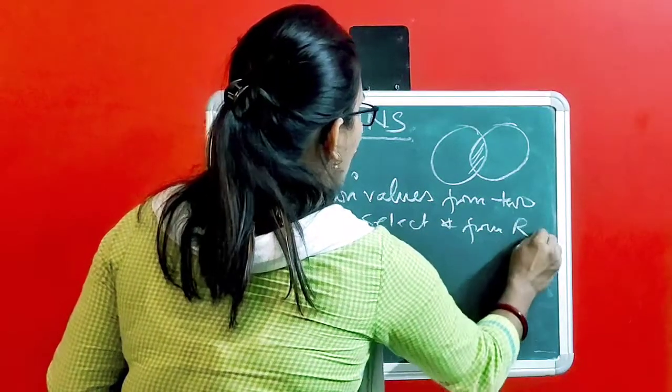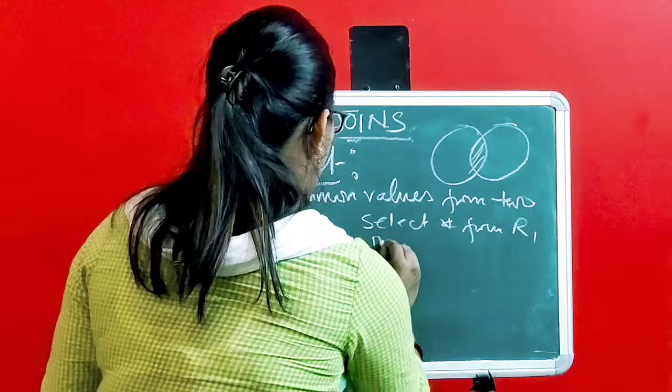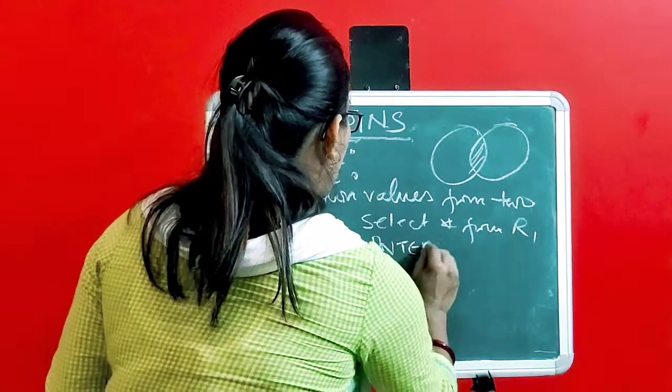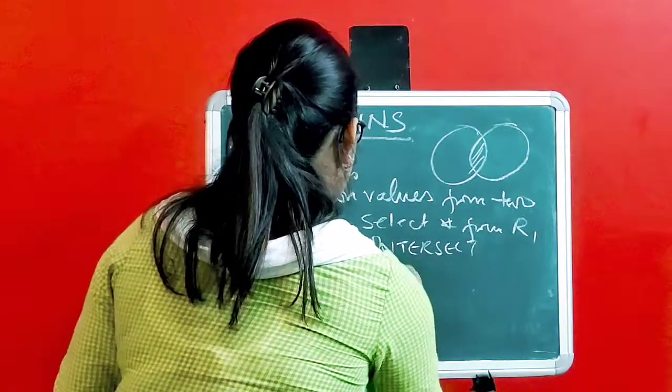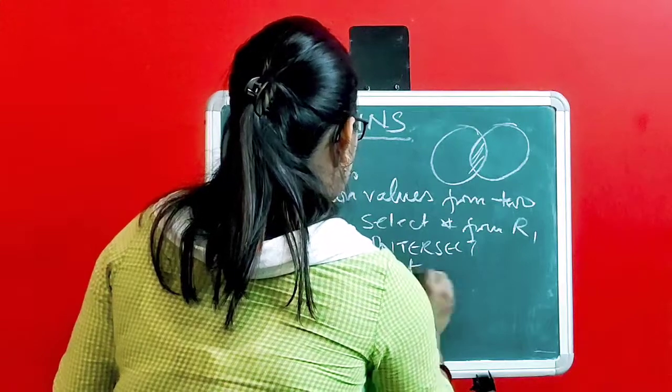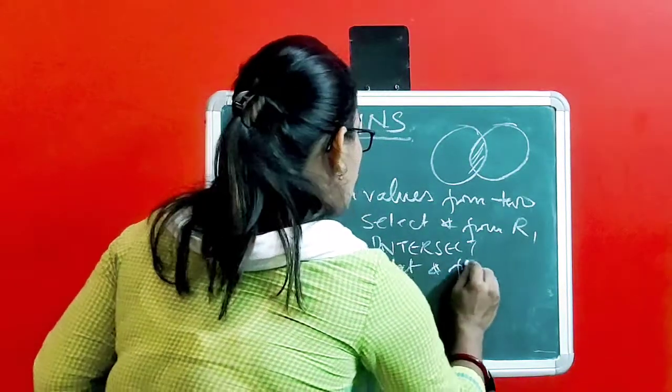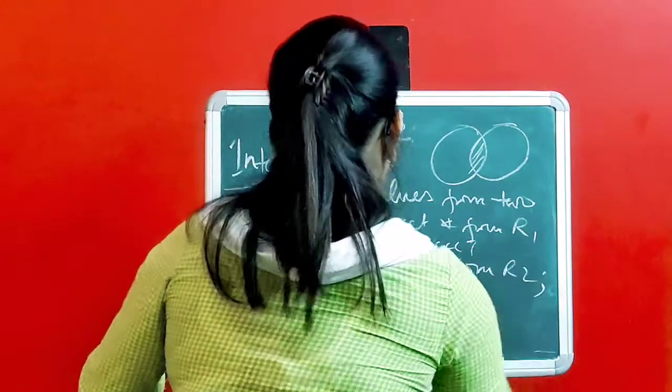For example, here also, select star from R1 intersect select star from R2.